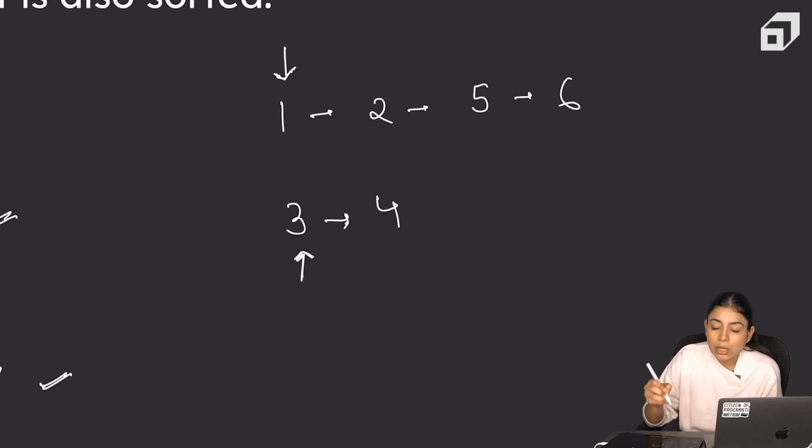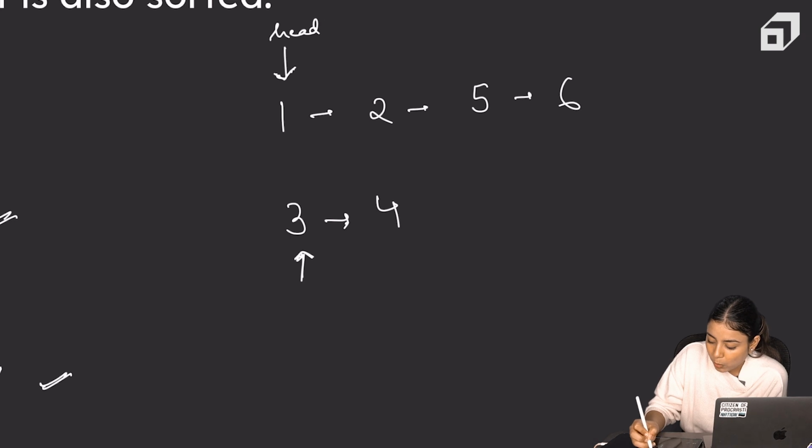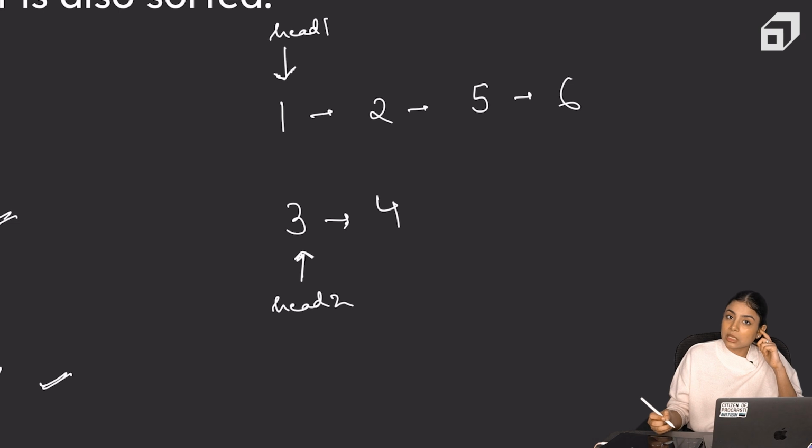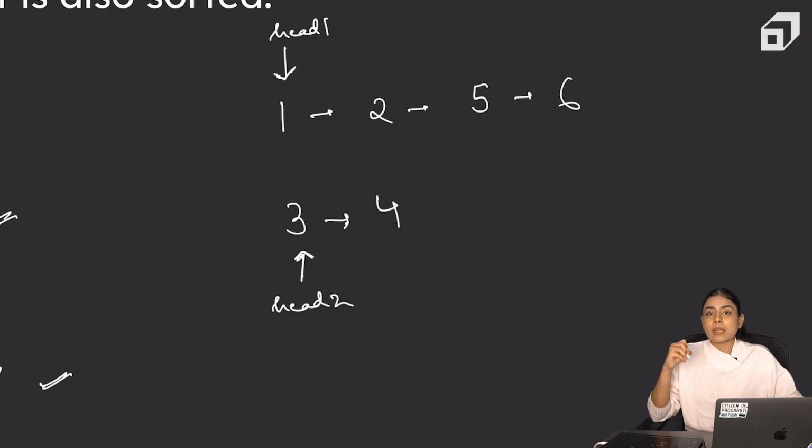So I just need to compare these two numbers to find out the smallest number in my combined linked list. So let us take two pointers, head 1 and head 2, that we will be using to compare values and find out what value will come first and next and so on.